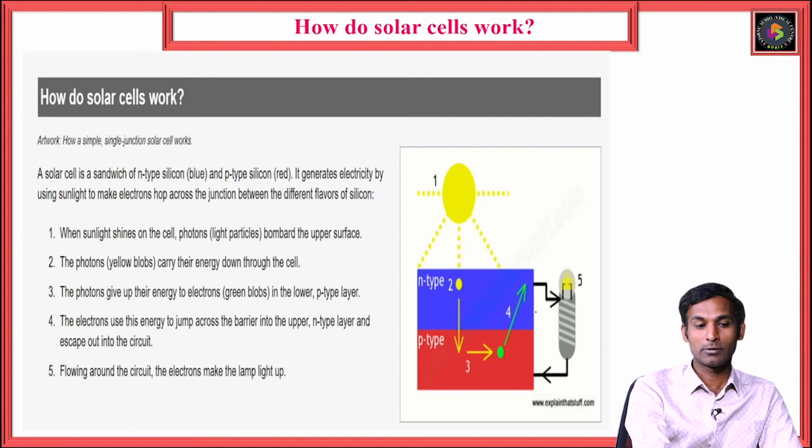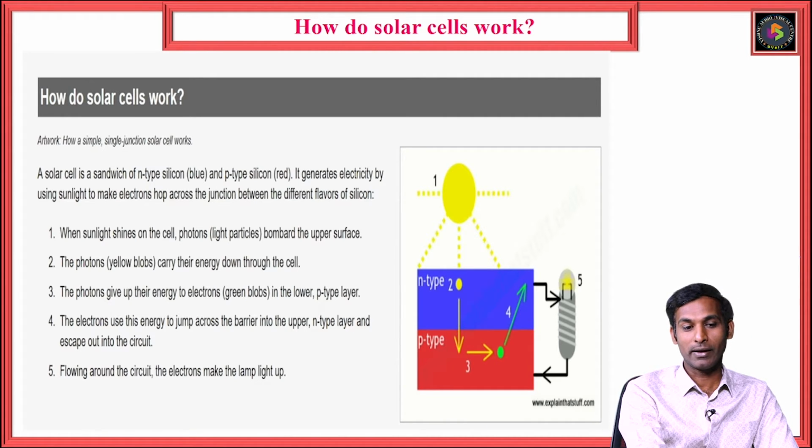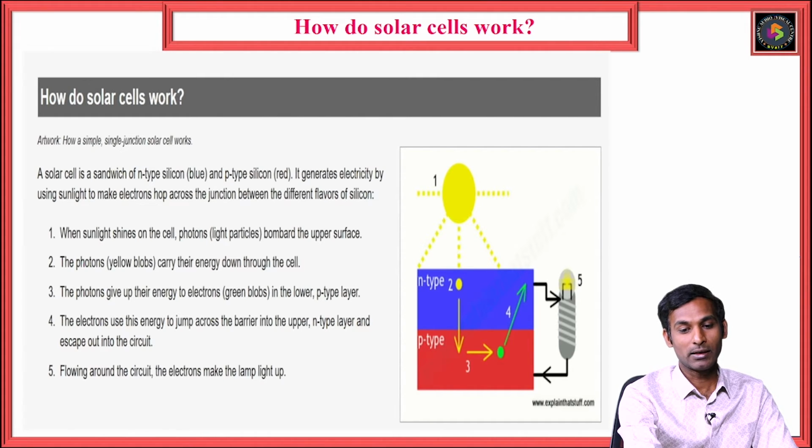First, the solar cell is a sandwich of n-type silicon and p-type silicon. N-type silicon is shown in blue, and p-type silicon is shown in red. You can see here, this is the blue color, this is the red color. It generates electricity by using sunlight to make electrons hop across the junction between the different flavors of silicon.